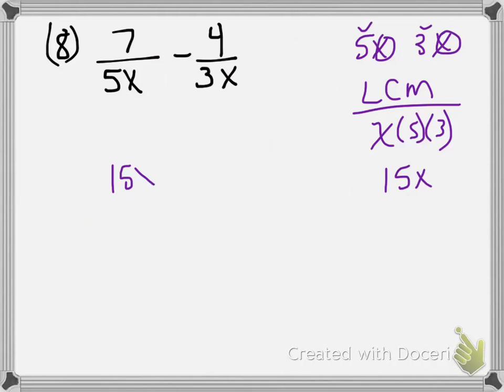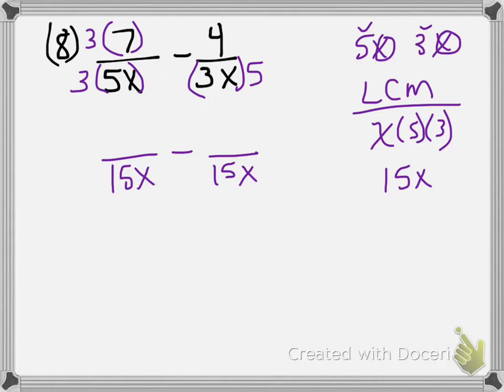So if I make this 15x, and I make this 15x, then I have to look and see what the process was so I can change my numerator. So 5x to become 15x, I have to multiply by 3. So I have to multiply by 3 in the numerator. For 3x, I have to multiply by 5. So I have to multiply by 5 in the numerator also.